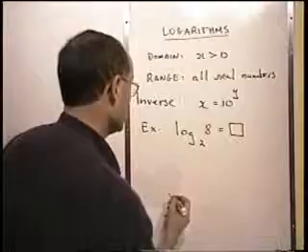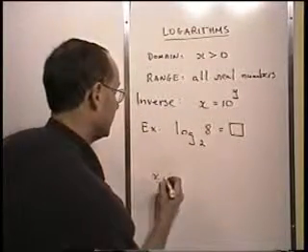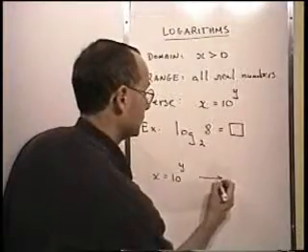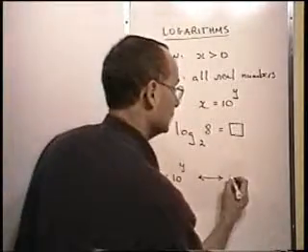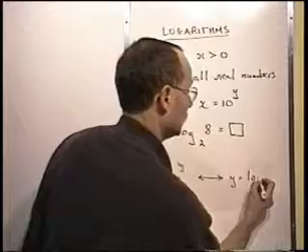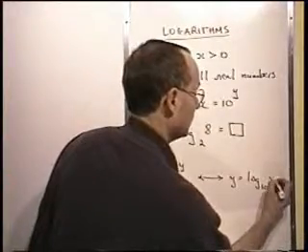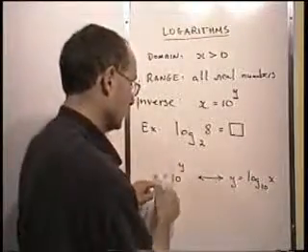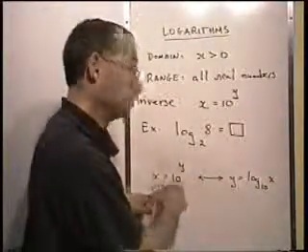We saw in the original, it looked like this: x equals 10 to the y, and the logarithmic version of that is y equals log base 10 of x. So that's going to help guide us as to what goes where as far as the exponential.